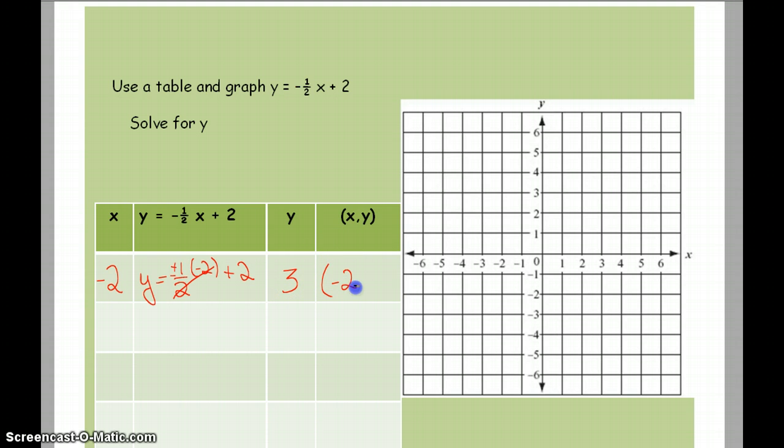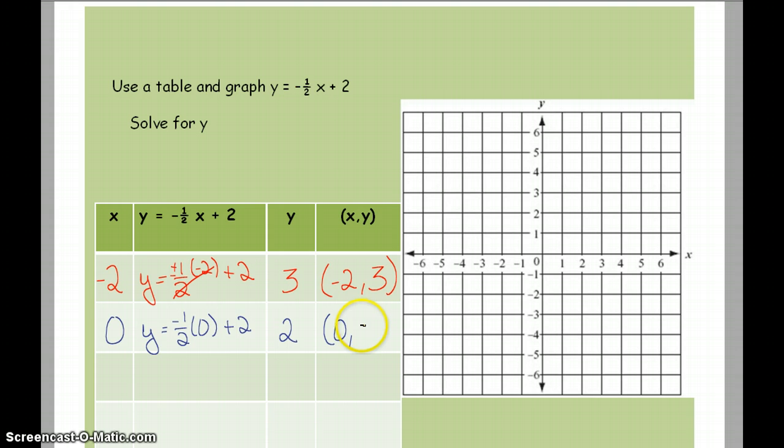So I have the point negative 2, positive 3. You have to be very careful to follow the order of operations. Okay, now I'm going to use 0. So y is equal to negative 1/2 times 0 plus 2. Negative 1/2 times 0 gives me 0. 0 plus 2 gives me 2.